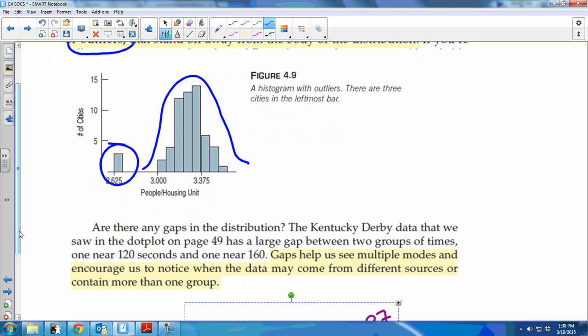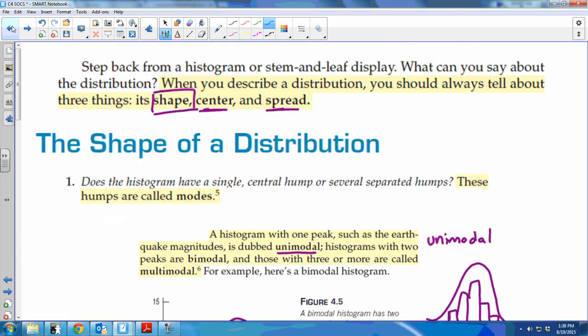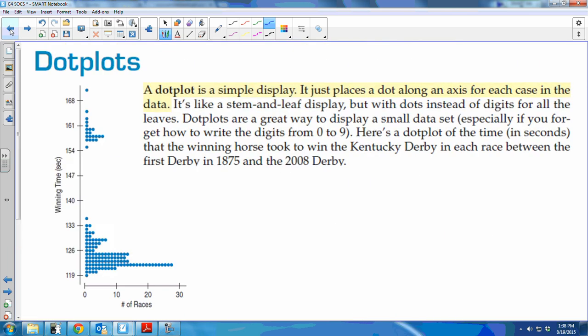You also need to look for gaps. So going back to this dot plot over here, there's a gap in the dot plot. Well, why is there a gap? You always want to be asking those questions. In this case, it's about the Kentucky Derby winning times. And the Kentucky Derby used to be, in the very beginning, longer. So when the race was longer, the winning times took longer because it was a longer race.